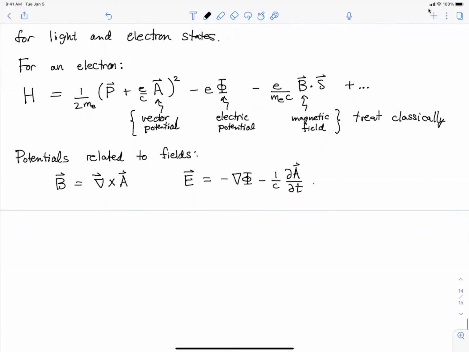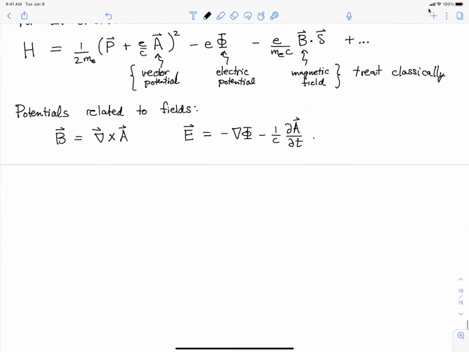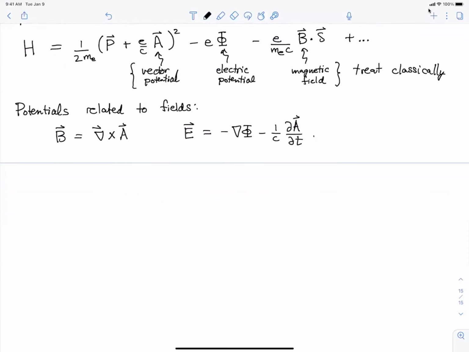Now, a perhaps annoying thing is that in almost all quantum mechanics books, they use a different system of units than most electromagnetism books use. And so I'm going to follow the quantum mechanics tradition. This is a note on units. In quantum mechanics, we generally use the metric system in centimeters, grams, and seconds, the CGS system.